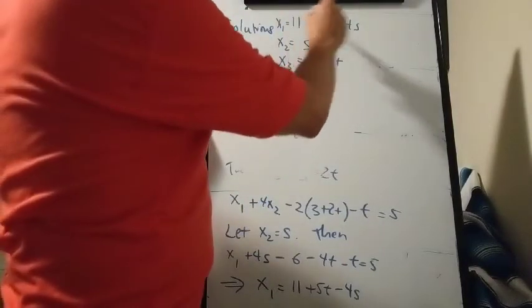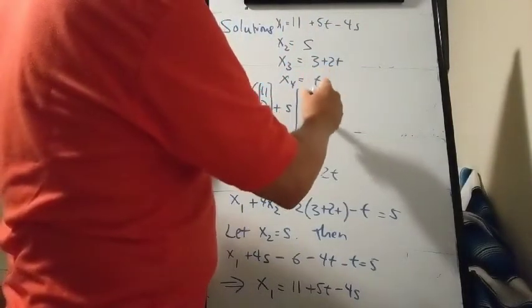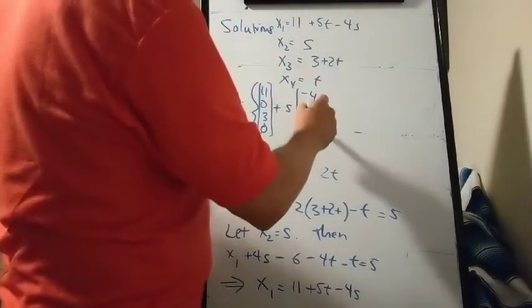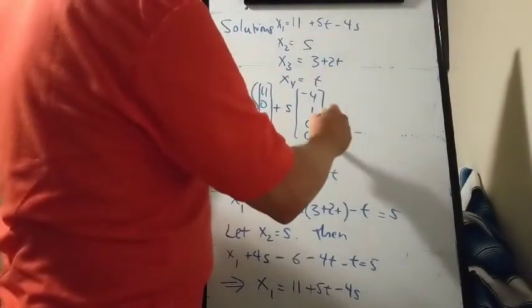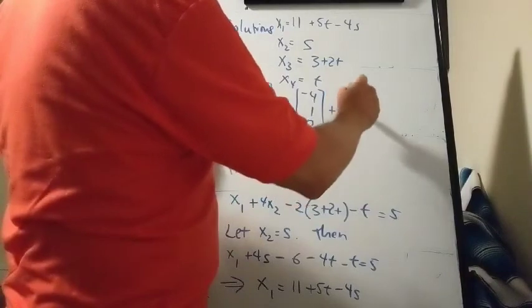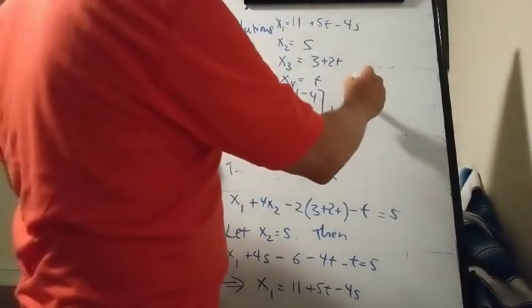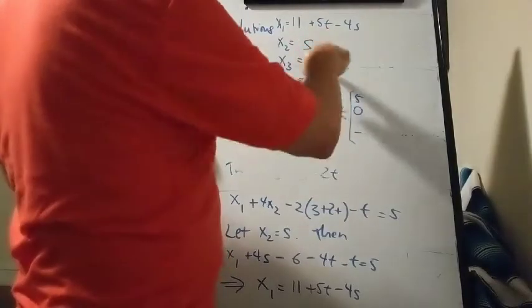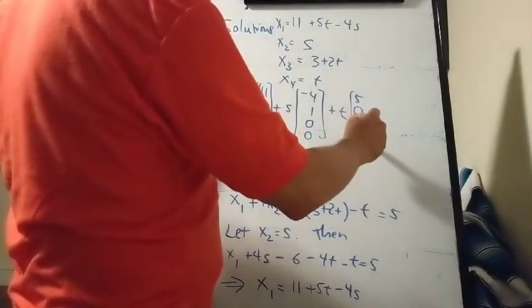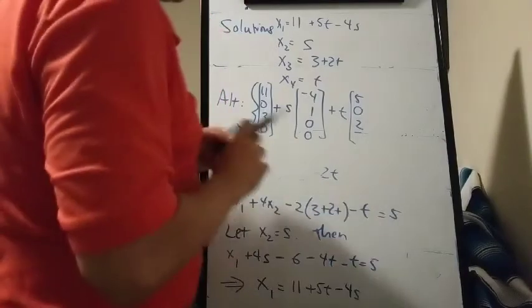We've got minus 4 here, 1 there, and then no s's and no s's. And then where are the t's in this expression? We've got 5 here, none there, 2 here, and then 1 in the last position.